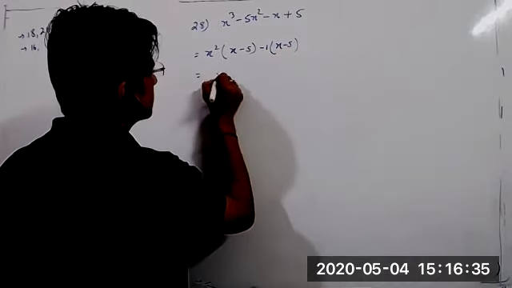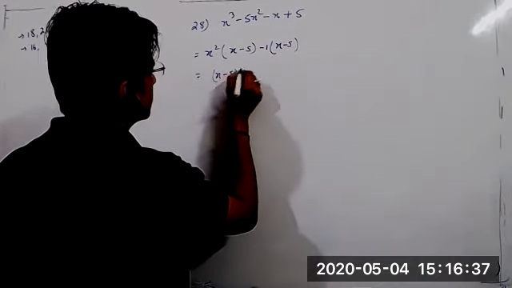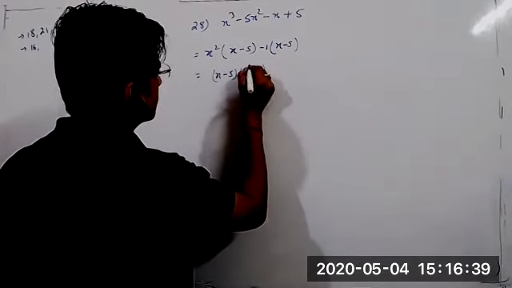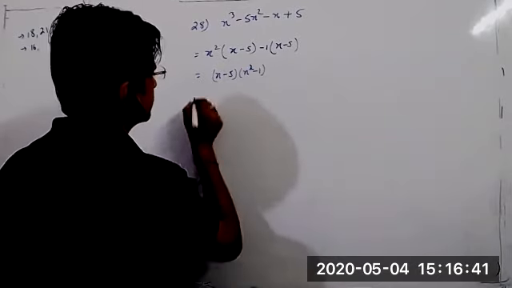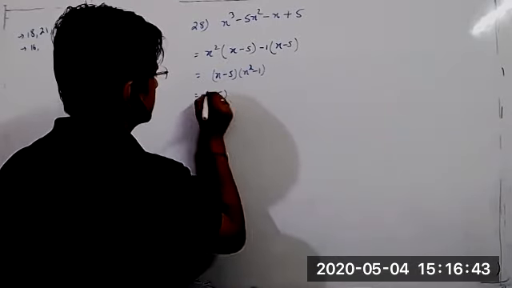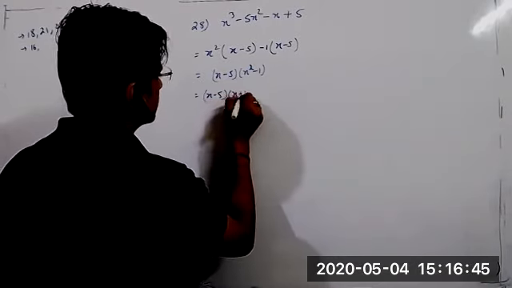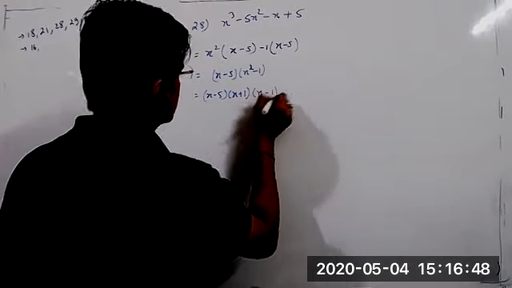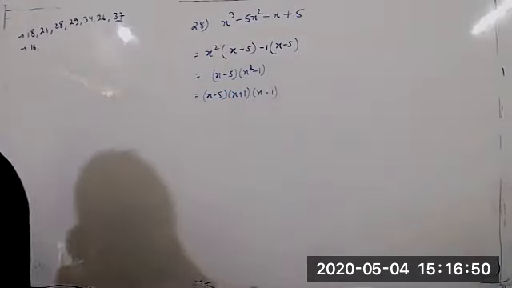X square minus 1 can be written as x minus 5 and x plus 1 into x minus 1. Thank you, sir.